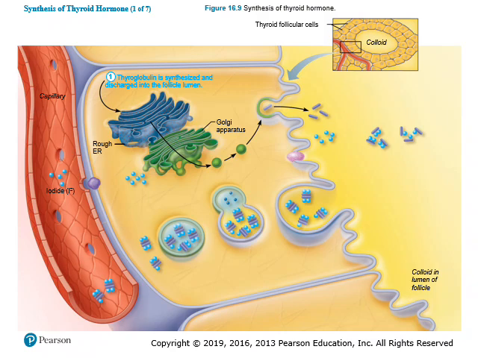Now, let's take a look at the synthesis of thyroid hormones inside the cell. And let me just give you a view of what this is all about. This is actually the capillary. This is your cell itself.